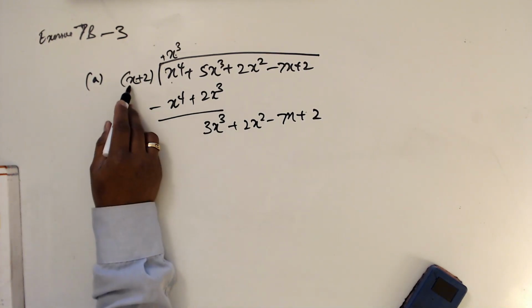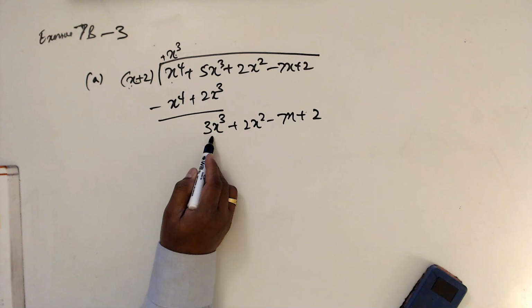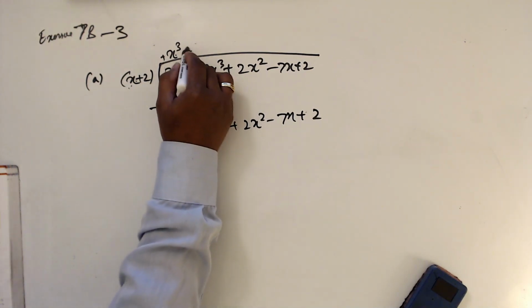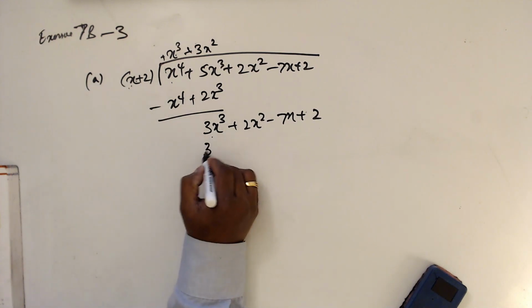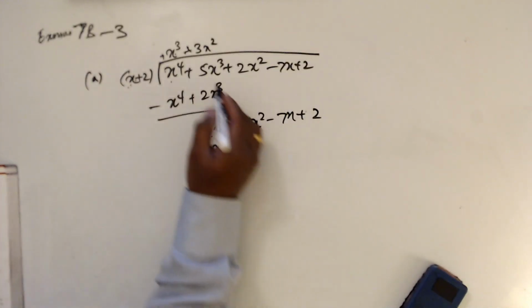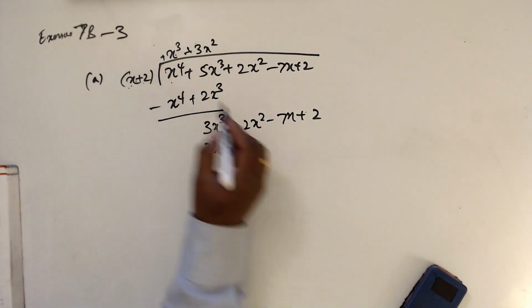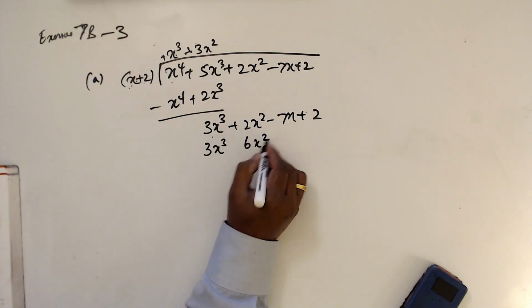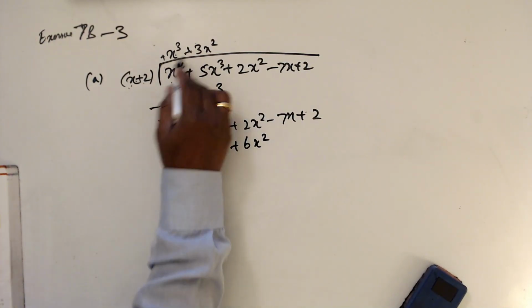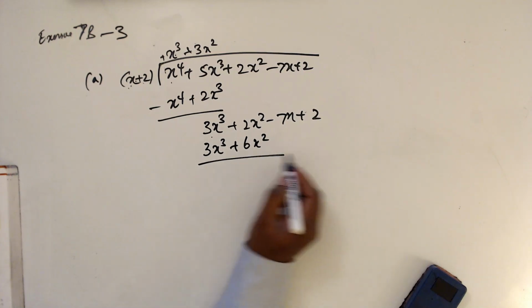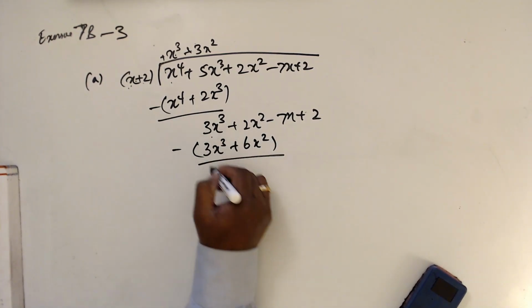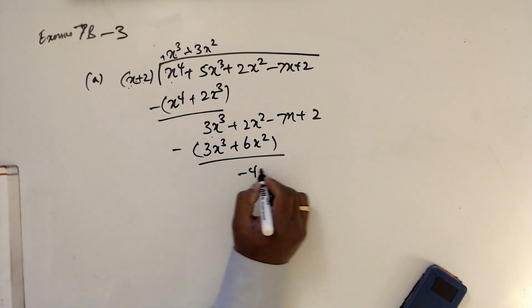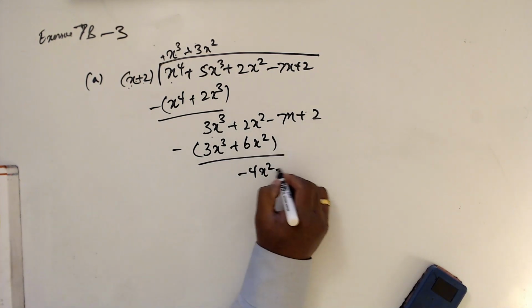Then how many x goes to 3x cubed? 3x square. So 3x square times x, 3x cubed. And 3x square times 2, 6x square, plus times plus is plus, minus. This is cancelled out. This is going to be minus 4x square.